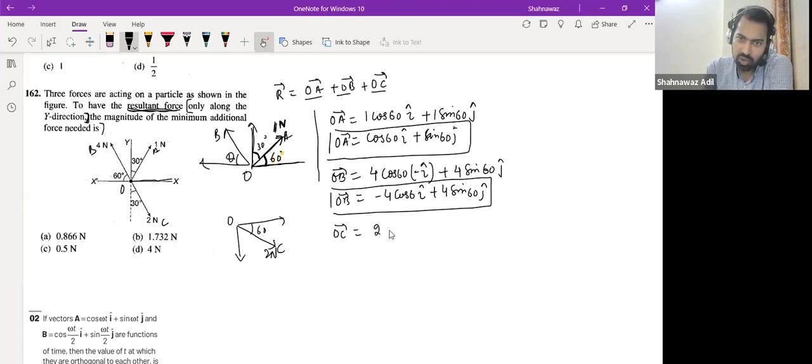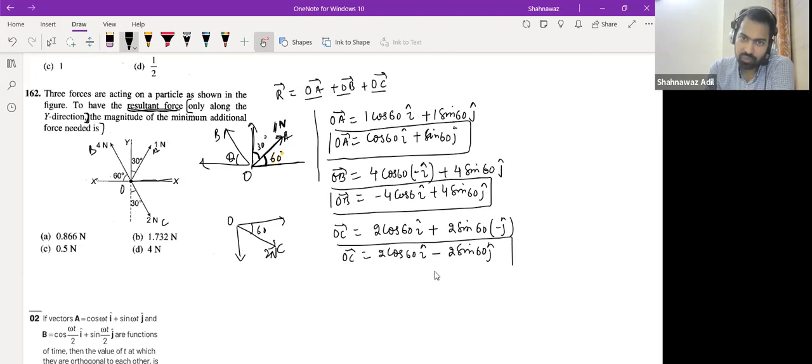So 2 cos 60 i hat plus 2 sin 60 minus j. So this would be 2 cos 60 i hat minus 2 sin 60 j hat. This is OC vector. Okay, now we have calculated OA, OB, and OC.